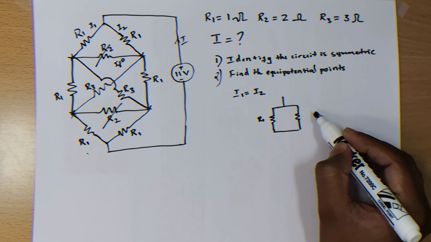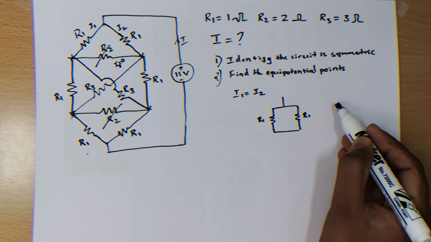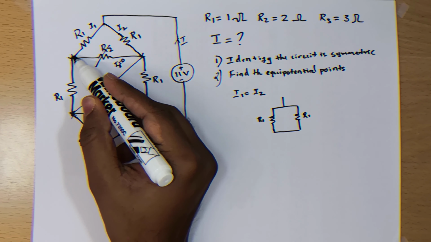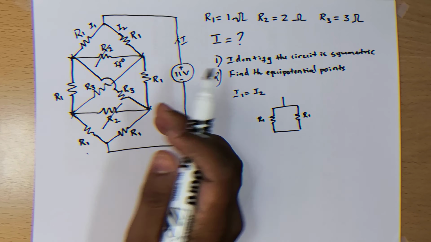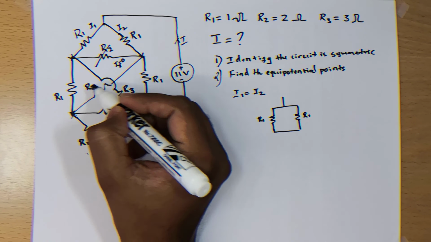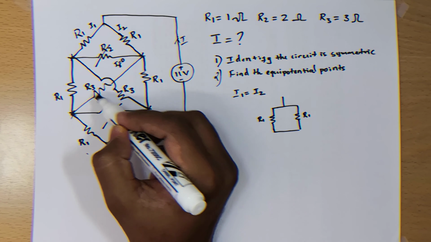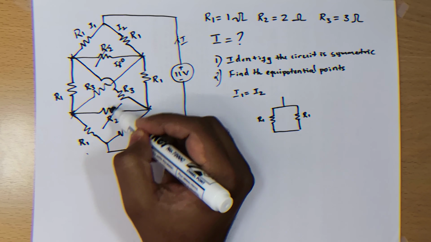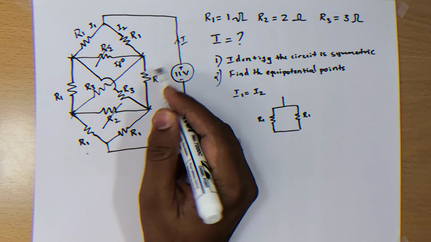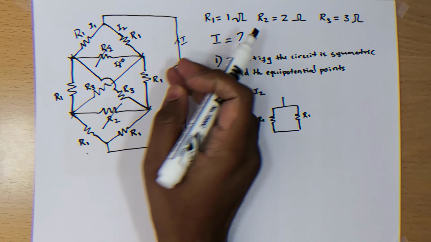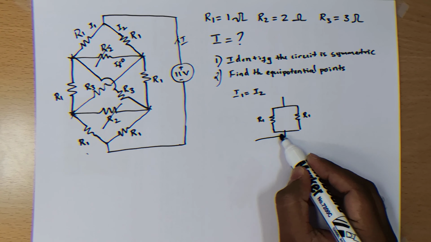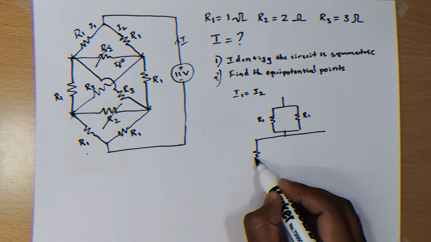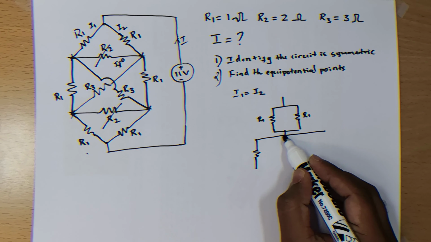So this is R1 and this is R1, and then you have the equipotential points connected, and then you draw these other 4 resistances. And this R2 is also gone, so it means that all of these 4 resistances are in parallel. So what you can do is redraw it so that you can understand exactly what's going on.